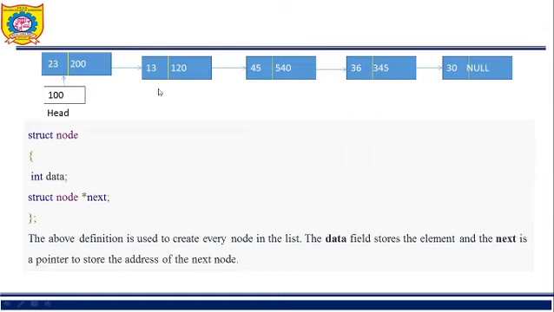Each node has the same structure, that is data and pointer. So instead of writing that structure every time, we will declare the structure in common, and we will use it while creating a node.